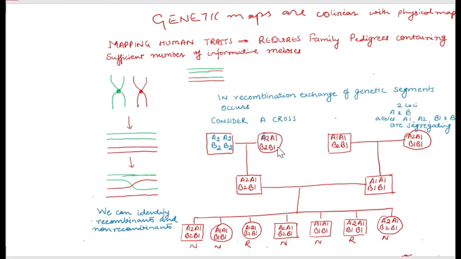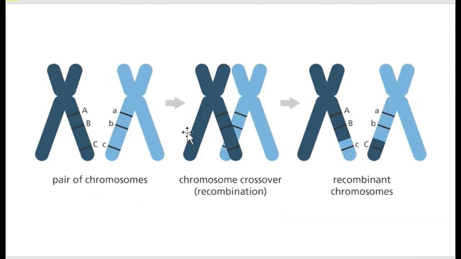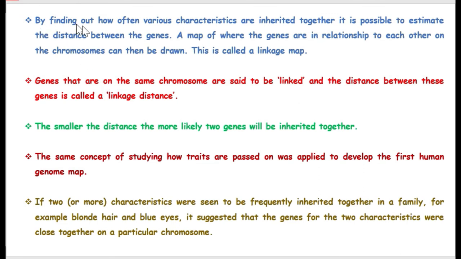Here we see the parental combinations and the offspring, and these show non-recombinant and recombinant types based on the presence of the genes they have. This is occurring because of the crossing over process. By finding out how often various characteristics are inherited together, it was possible to estimate the distance between the genes.